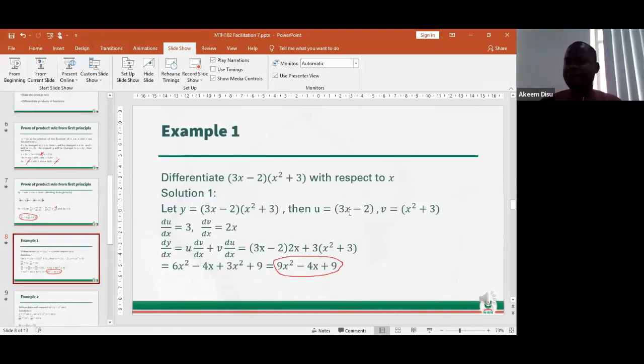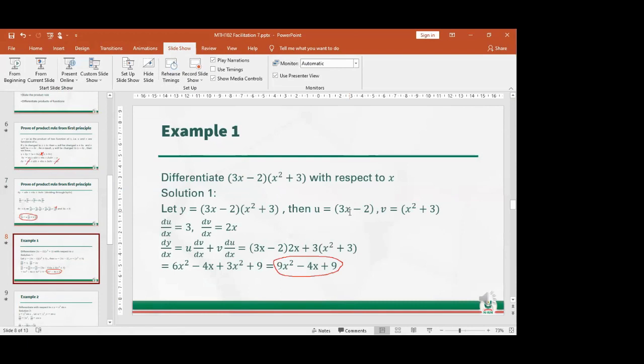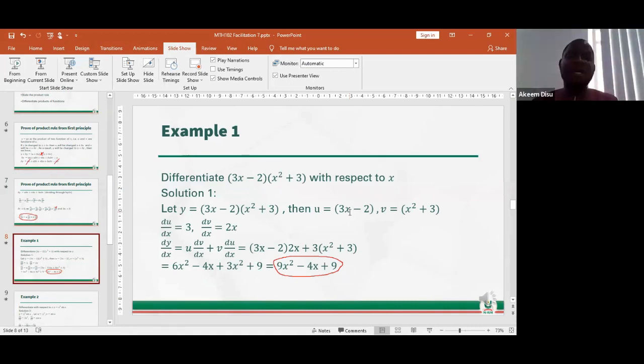We have: differentiate (3x minus 2)(2x squared plus 3) with respect to x. We have to know how we can differentiate this.